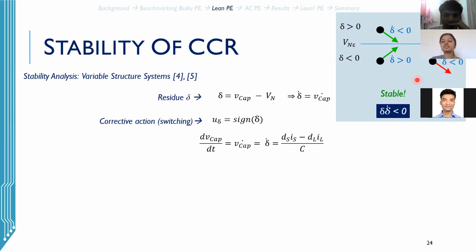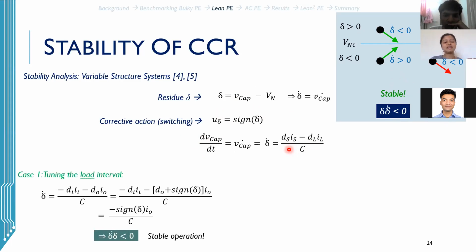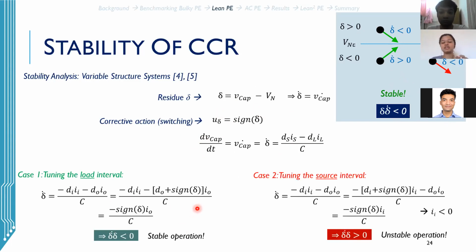So we can introduce these aspects into our capacitor equation so as to find out what is happening. And we see that when we do load interval tuning, delta times delta dot is less than 0. On the other hand, when we do source interval tuning, delta times delta dot is greater than 0. So if we do source interval tuning, we have to be careful because this leads to an unstable operation.